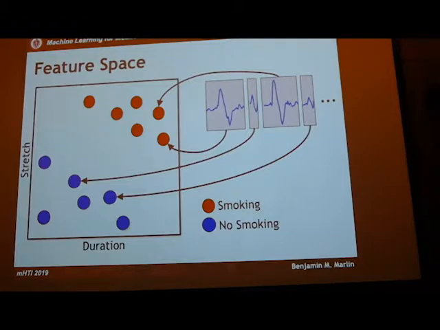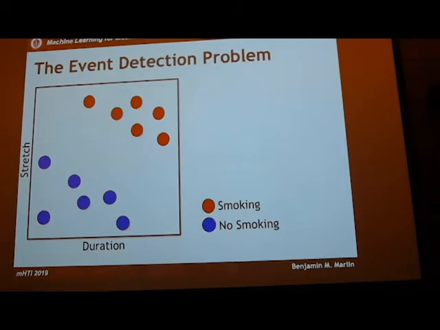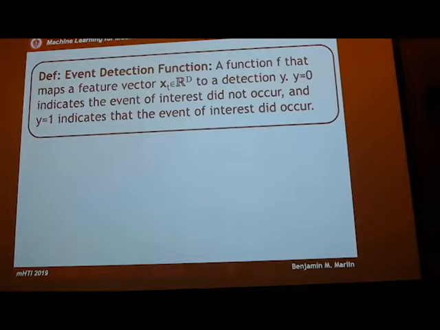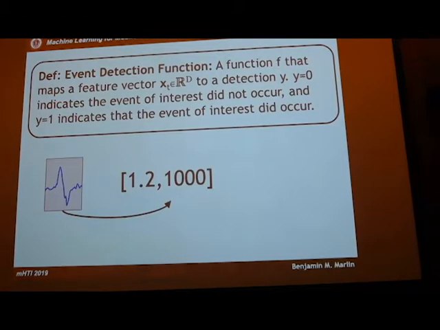Again, if we receive a novel example, we can put it into our feature space and classify it, issue a detection for it. So what we want is something called an event detection function, a function that takes our input, puts it into the feature space, applies a rule to that mathematical representation of the instance, and produces a decision. Here we'll say 1 is puffs, and 0 is non-puffs.